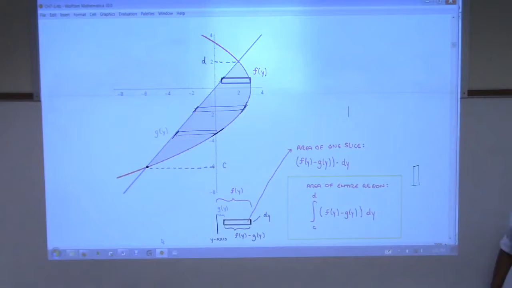If I plug in an x value, there's actually, in this case, maybe three different y values that come out. So y is not a function of x. To be a function, it needs one input to one output. This doesn't work.